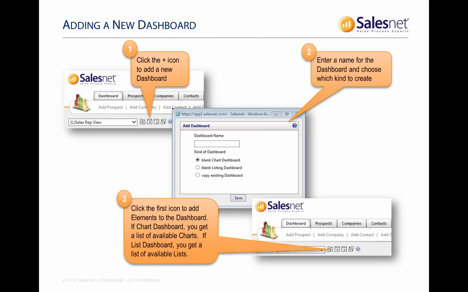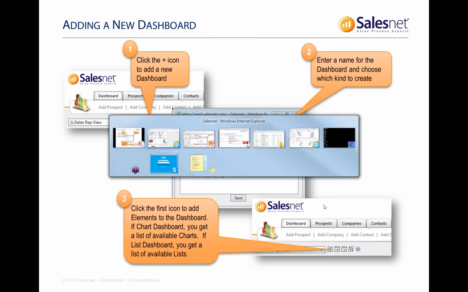We can't mix charts and panels together, but we can copy from ones that we already have. Once we have our new dashboard in place, we just need to add panels or charts to it. That's what the first icon is for. So let's go through the steps there.